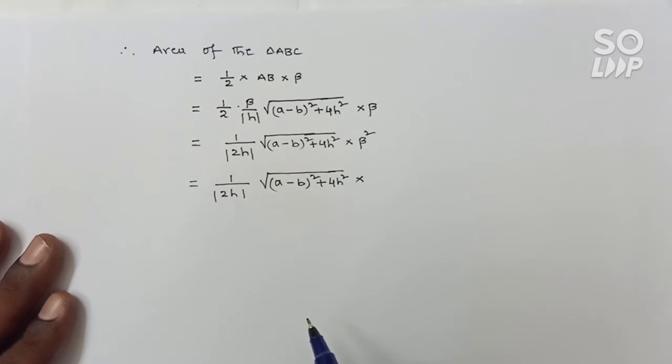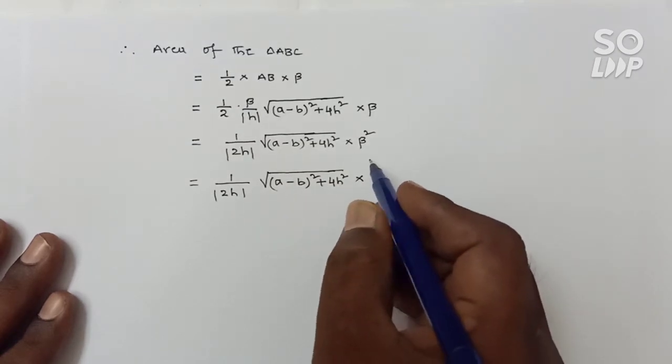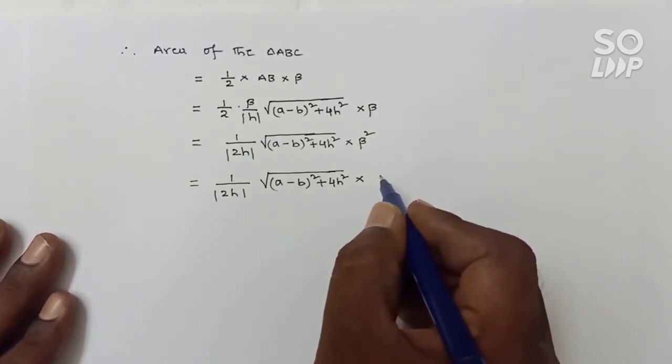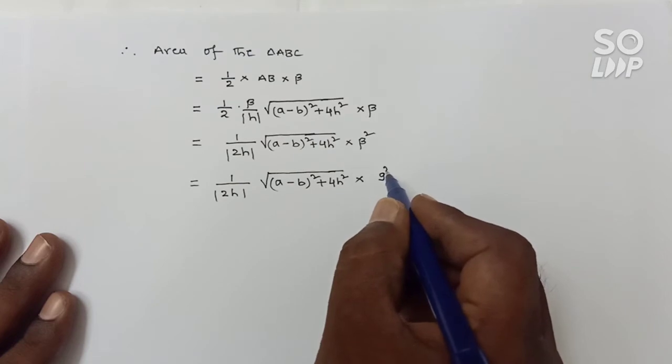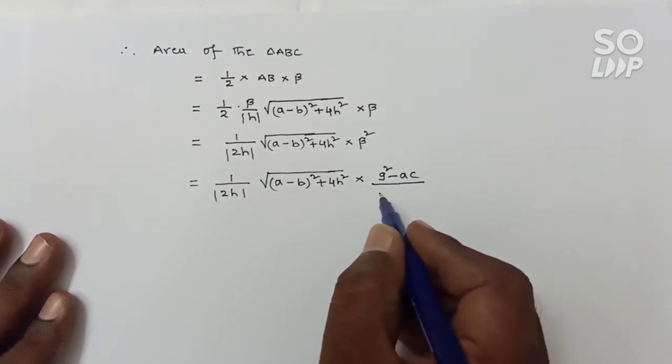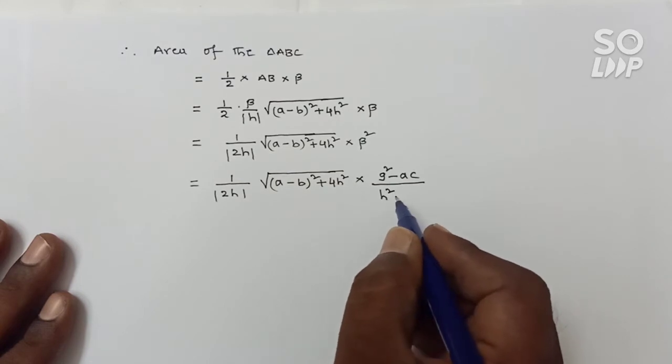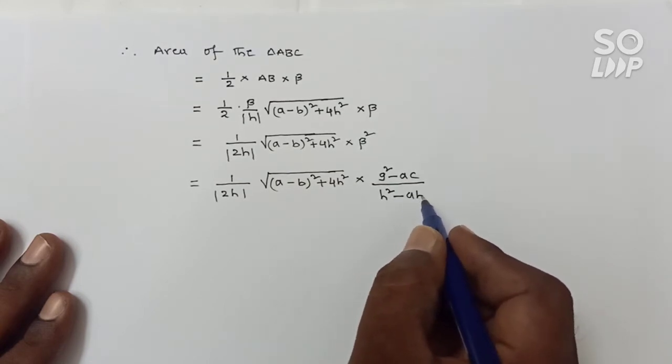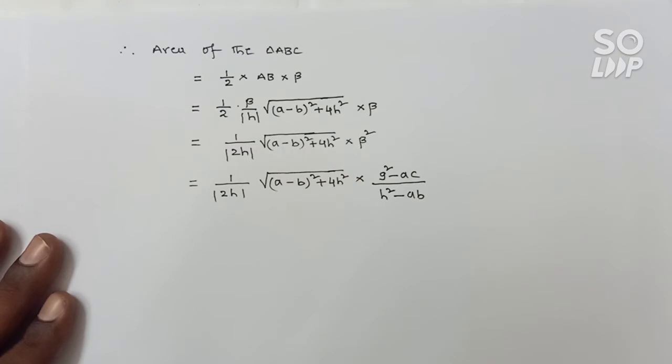The y coordinate is the root of (g square minus ab) by (h square minus ab) minus... Square and root will be cancelled. That will be (g square minus ac) divided by (h square minus ab).